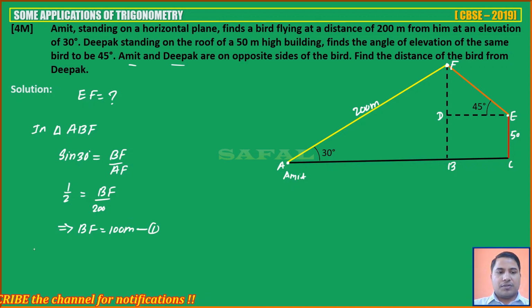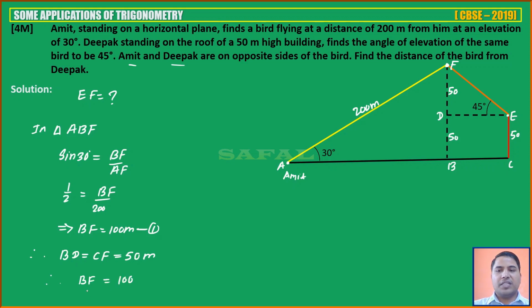Now we can see from the diagram that BD is the same as CE, which equals 50 meter. If this is 50, this will also be 50. And now the total is 100. So BF is 100, and BF is basically BD plus DF.